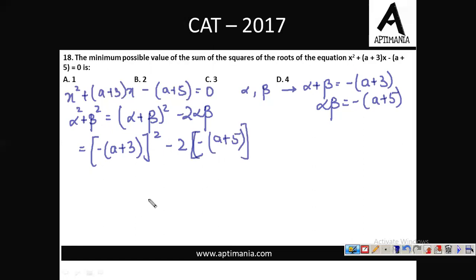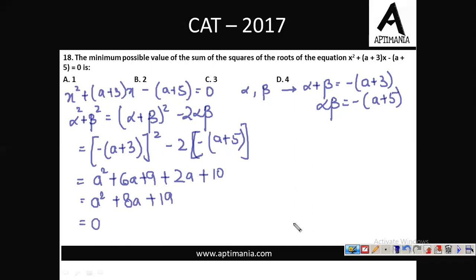When I open the brackets, I'll have a square plus 6a plus 9 plus 2a plus 10, which will be a square plus 8a plus 19. Further, this can be written as a square plus 8a plus 16 plus 3, and these three terms a square plus 8a plus 16 are ultimately (a plus 4) whole square plus 3.